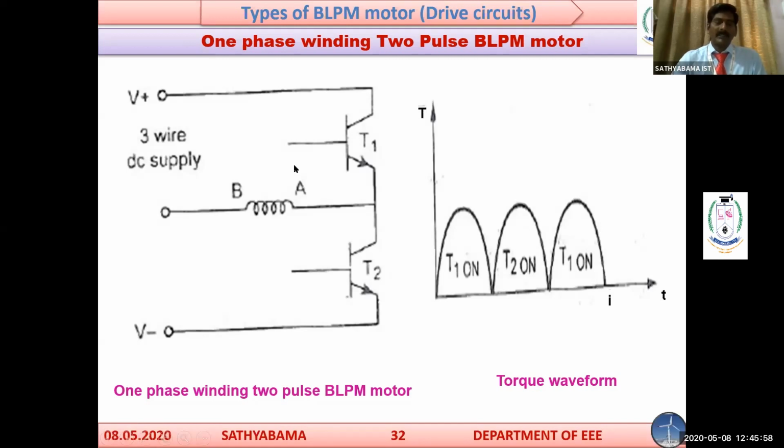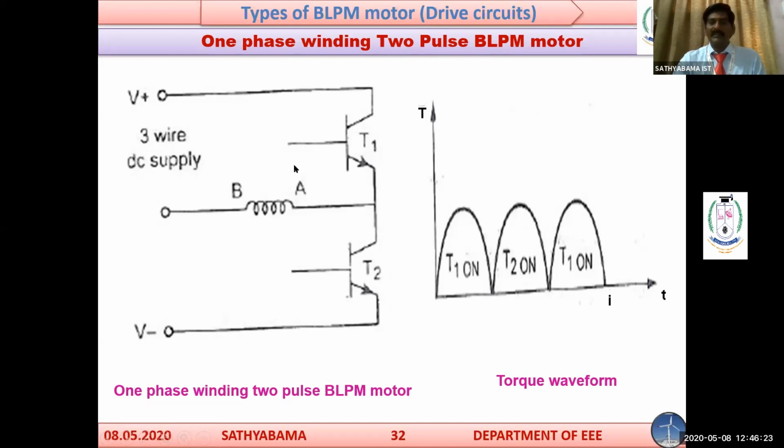The commutation logic circuit gets the signal from the rotor position sensor, and a total of 6 outputs are taken. Out of the 6, 3 signals are connected directly to the upper switches, that is, the switch base of the drive is connected to the logical commutation circuit, and the remaining 3 signals are connected to the AND gates.